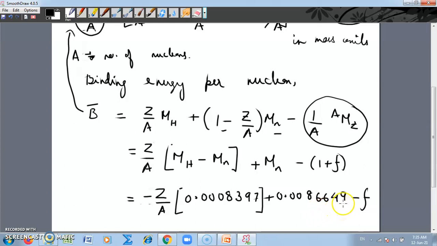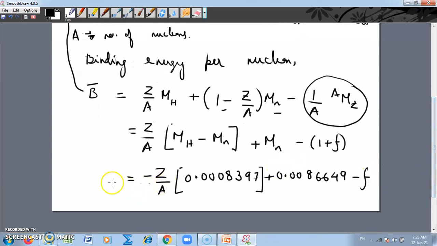So what do we come to know from here? Let's see what we know from here. This is the binding energy per nucleon. From here, it's obvious that the binding energy per nucleon, B bar, is maximum when F is minimum.